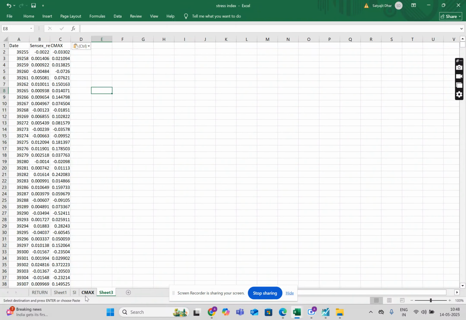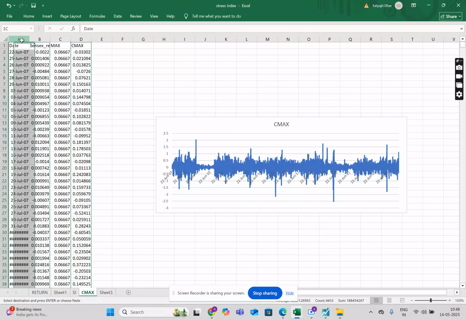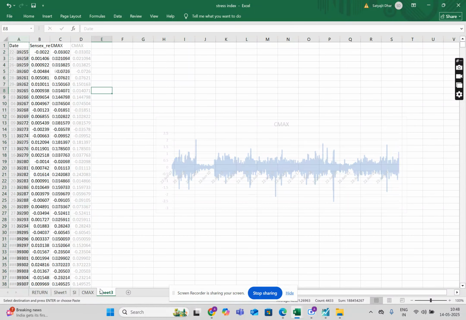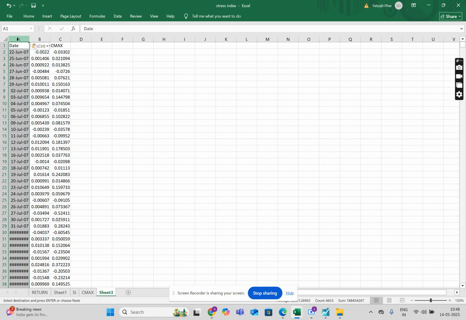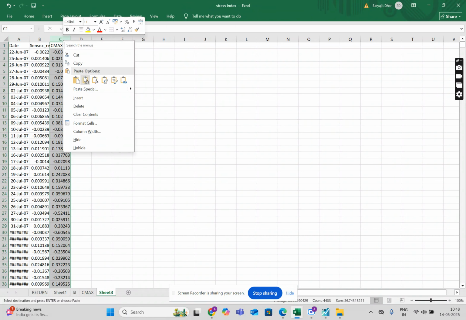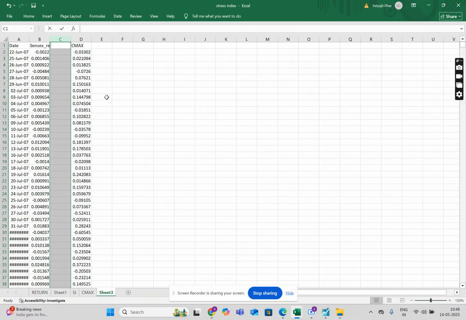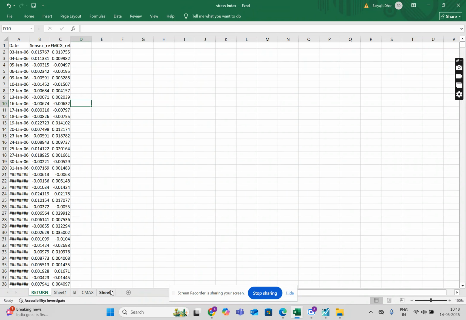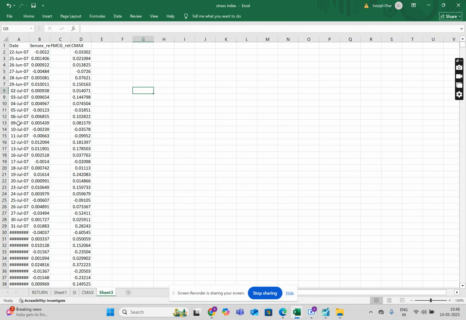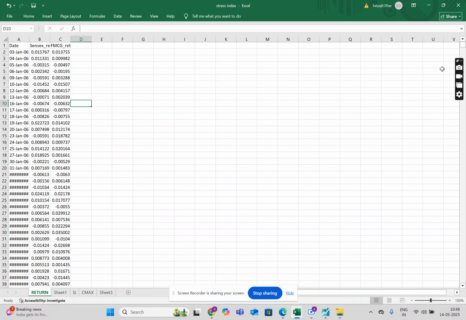I pasted them as values, so I will just copy and paste the date once again. Okay, so I need to put the FMCG return series here, and then we need the conditional correlation from this. So let me just bring the FMCG return series from 22nd January 2007 onwards. This is FMCG return.